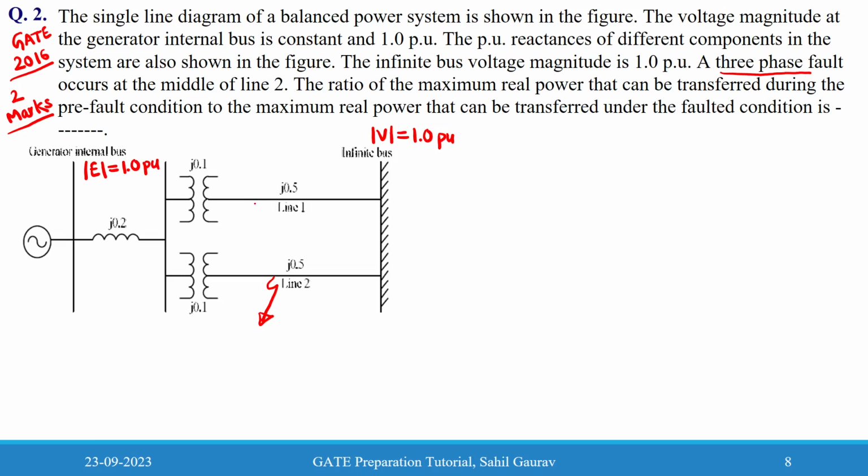So we need to find this maximum real power. You apply the formula P is equal to EV divided by X sine delta, and for the maximum value delta will be 90 degrees. So you need to apply that expression.